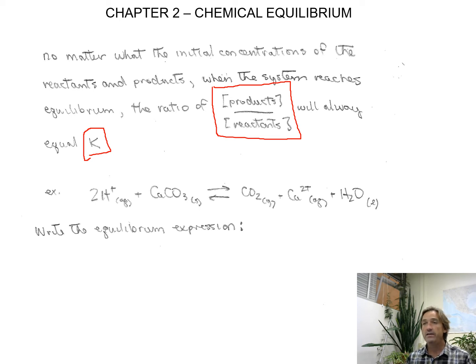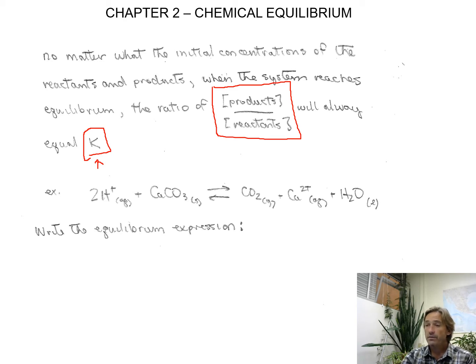But in the end, when it's reached equilibrium, it will equal this value of K if you divide the concentrations of the products over the reactants, minding the coefficients.